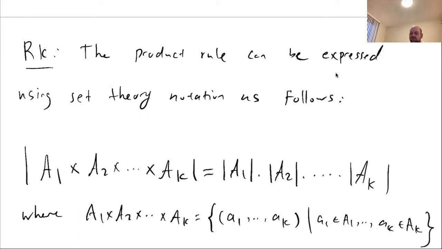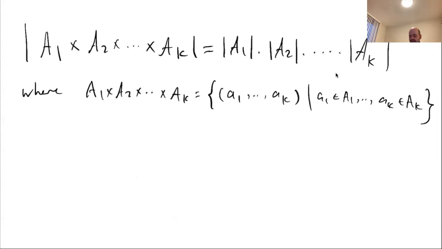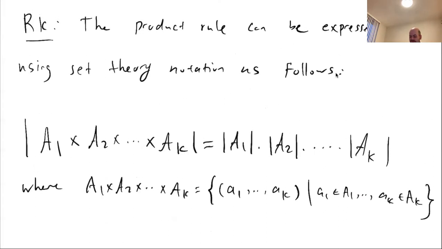And then to complete the whole procedure, that means you have to look at the number of elements in A1 cross A2 cross all the way to AK. And that can be found by multiplying number of elements in A1 and number of elements in A2 all the way to number of elements in AK. So this is the MN rule, but with set theory notation.